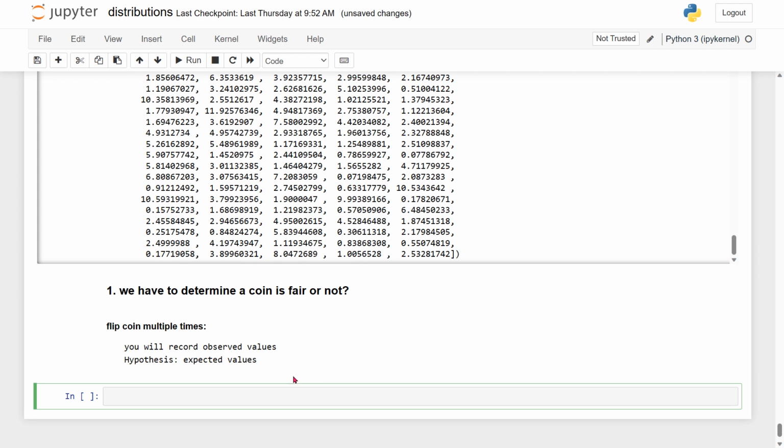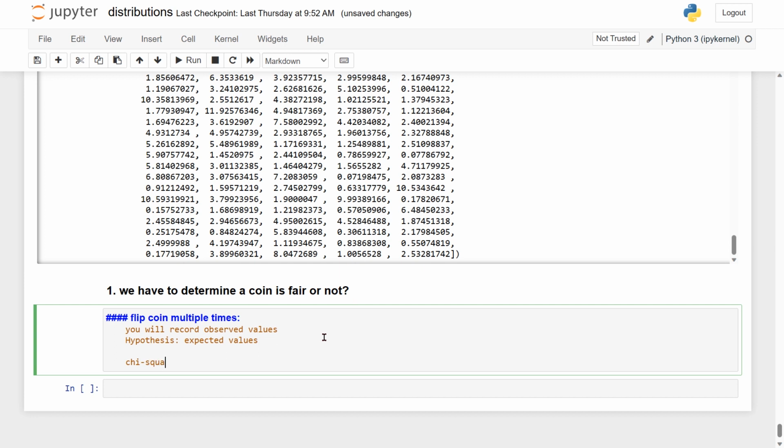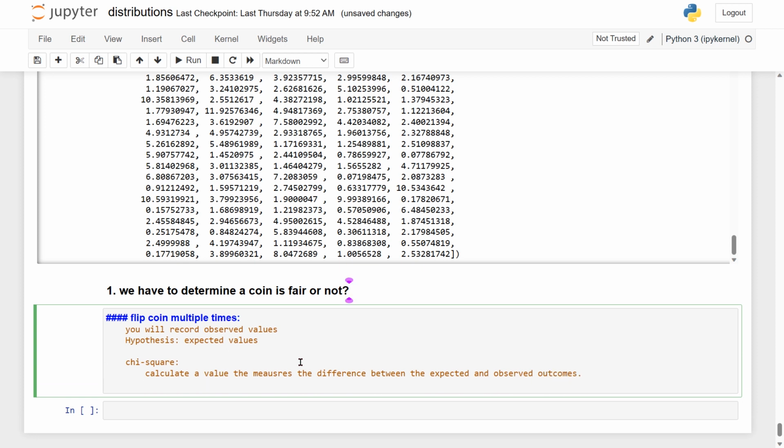So how does it do that? The chi-square takes the observed values and expected values, and using respective calculation, it will calculate a value that measures the difference between the expected and observed outcomes, and then compare that value to the probability distribution. That's step one.